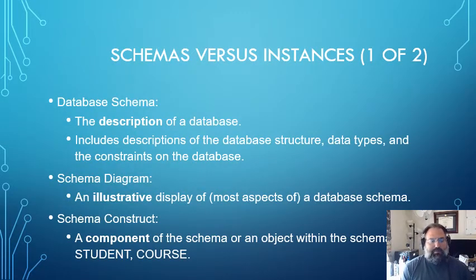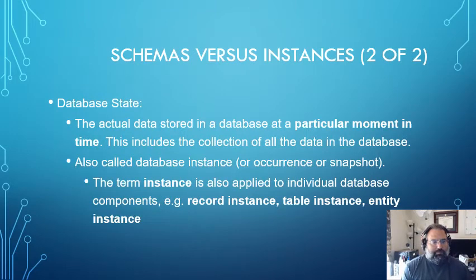Database schemas. This is a description of a database. This includes a description of the database structure, data types, and constraints on the data within the database. Schema design is an illustrative display of many, if not most, of a database's schema. Schema construct is a component of the schema or an object within the schema, for example, a student or a course.